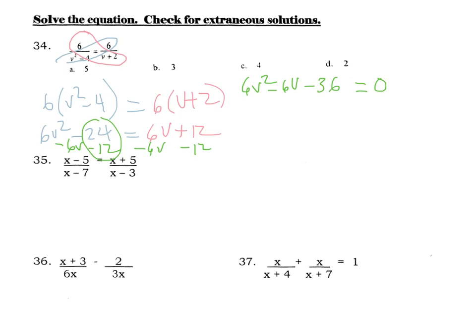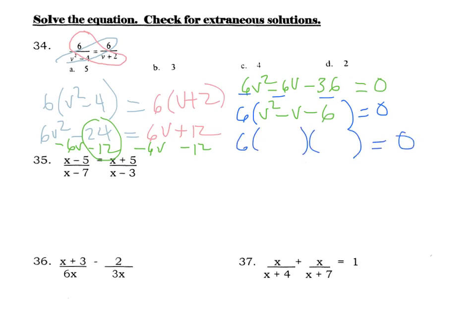So then, again, with quadratics, a good go-to strategy is to factor. One thing I'll notice is that all three of these have a 6 in common, so I'm going to factor it out. And when I do that, I'll be left with v squared minus v minus 6. And at this point, I will factor further.